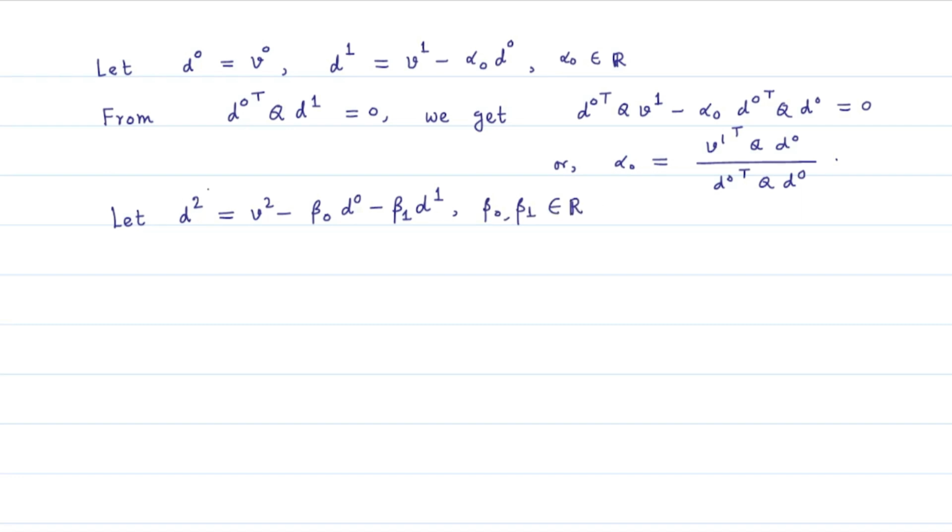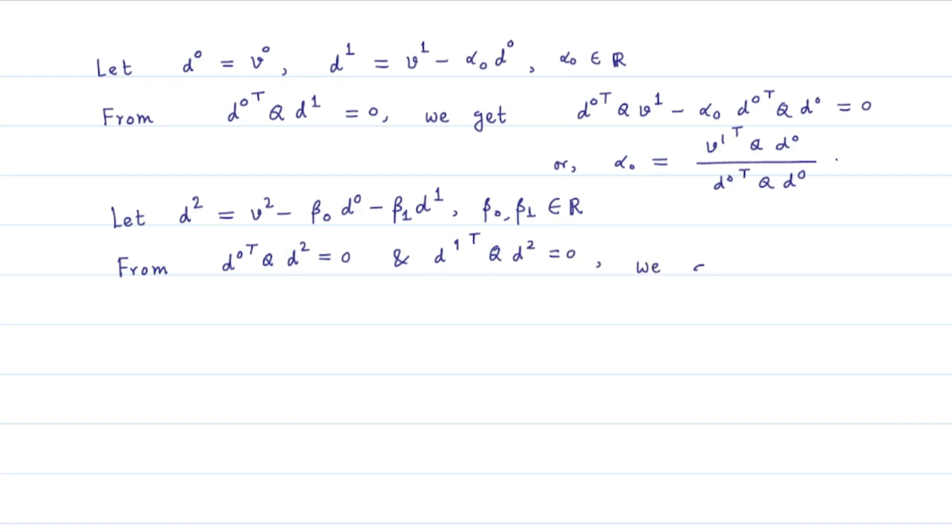As we need this vector d2 to be Q-conjugate to d0 and d1, we get from the equations of Q-conjugacy of d2 and d0 and of d2 and d1 that d0 transpose Q d2 is equal to 0 and d1 transpose Q d2 is equal to 0.